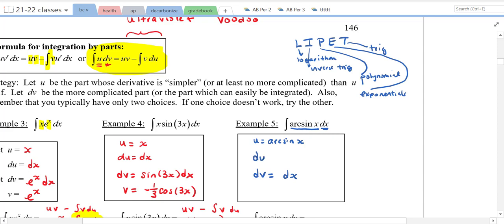Okay, so let's go back and find du. The derivative of arc sine, of course, is 1 over root 1 minus x squared, and then don't forget dx. And then if I asked you to find the integral of dv, that would just be x. Awesome.